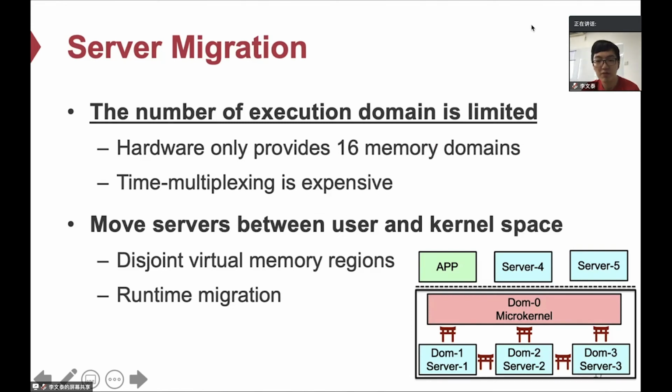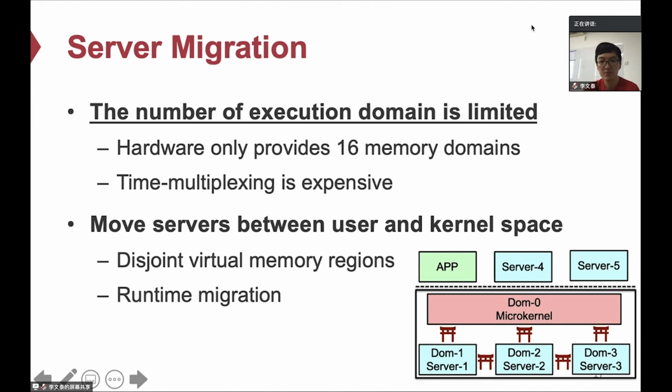SPKU provides 16 memory domains in total, and each execution domain requires exclusive use of one memory domain. UnderBridge can support at most 16 execution domains concurrently, including the reserved one for the microkernel.